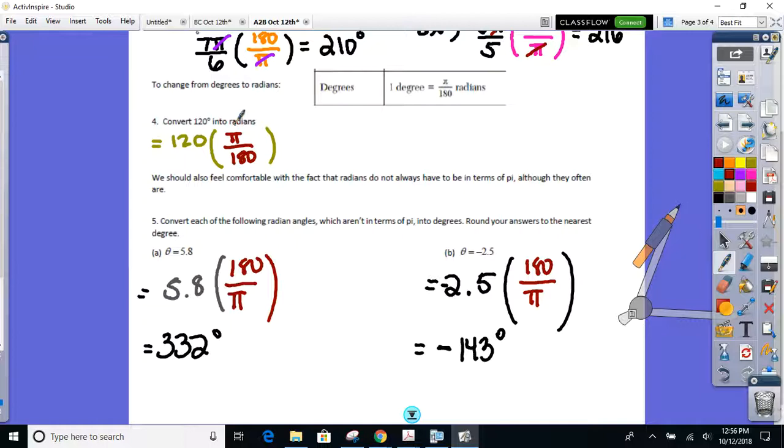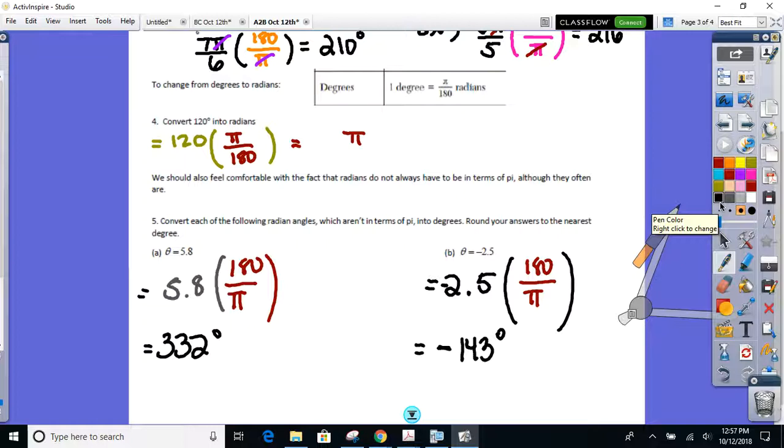So don't put it in your calculator. Leave the pi in your answer, because that'll signify it's radians. But what you will have to do in your calculator is reduce 120 over 180 for me. And that reduces down to what?